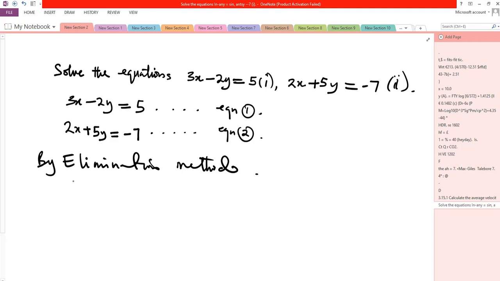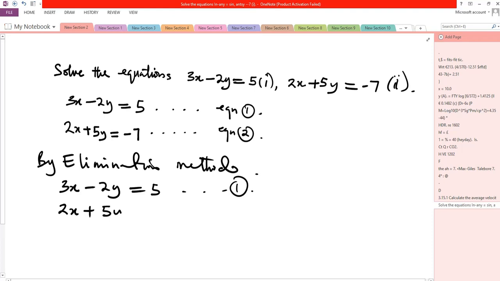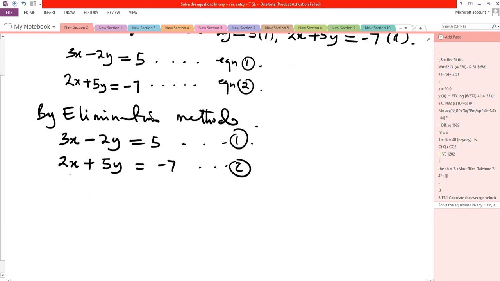Now, to make one of the coefficients equal, let me just write it again. Let's say 3x minus 2y is equal to 5. This is equation 1. Now you have 2x plus 5y equal to minus 7, equation 2. I want to make the coefficient of x equal.